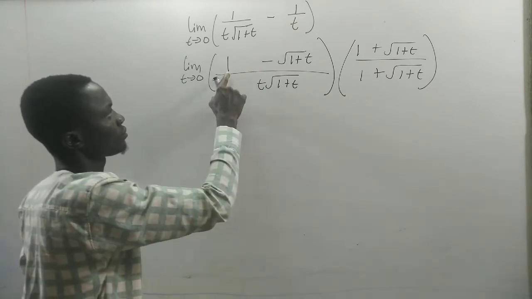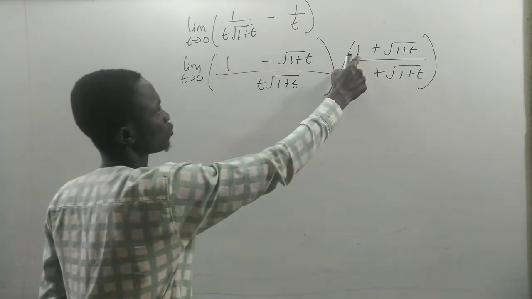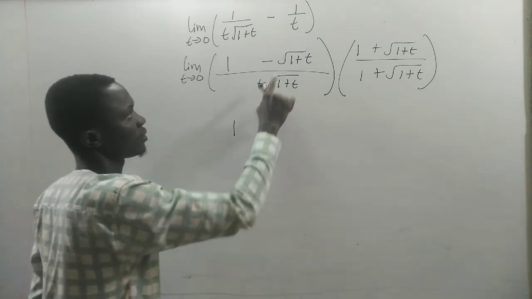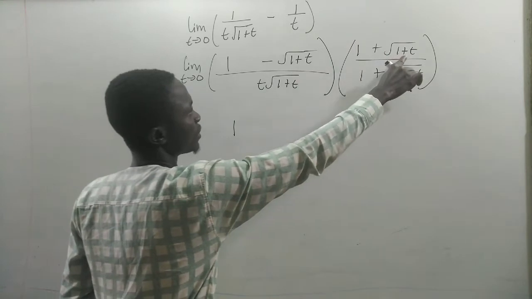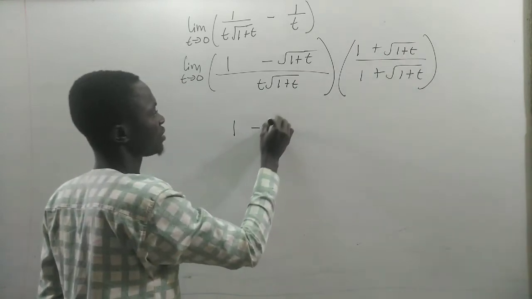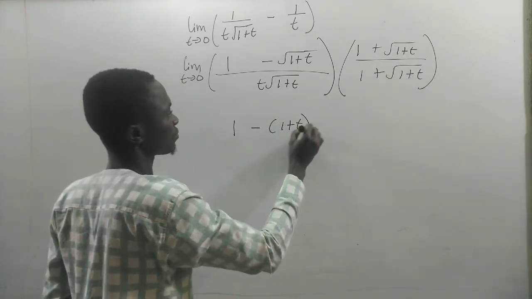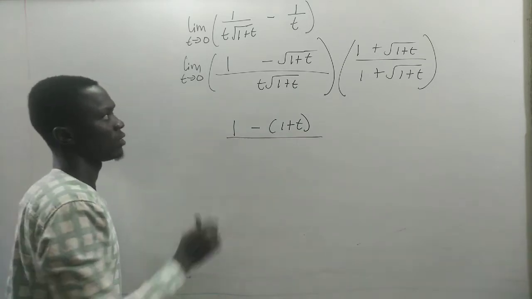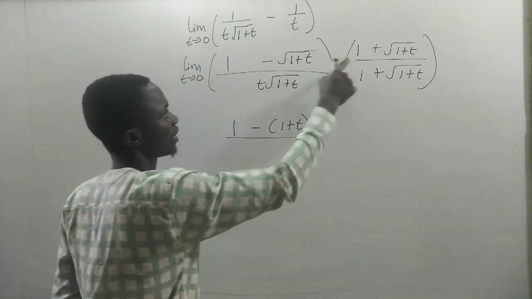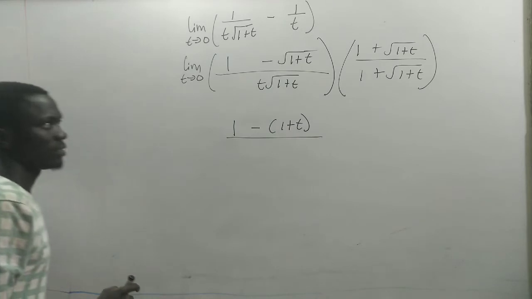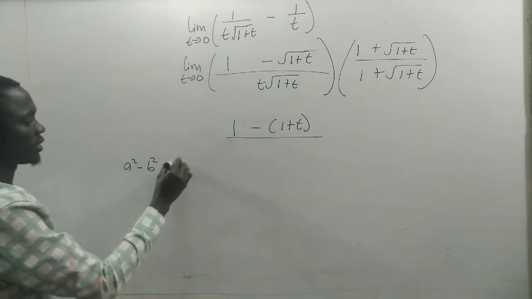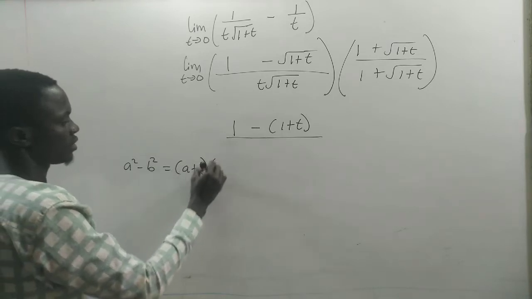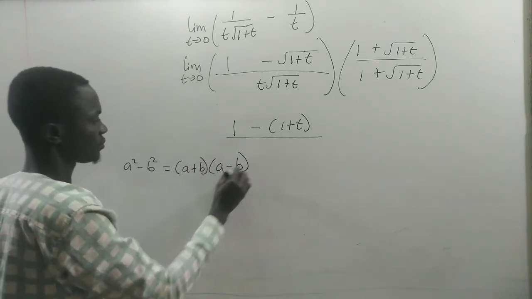So here we have 1 times 1, that will give us 1. Negative root 1 plus t times positive root 1 plus t gives us negative 1 plus t. All divided by, why did I multiply this and that and this and that? Because we have difference of two squares. If we have a squared minus b squared, it is a plus b times a minus b.